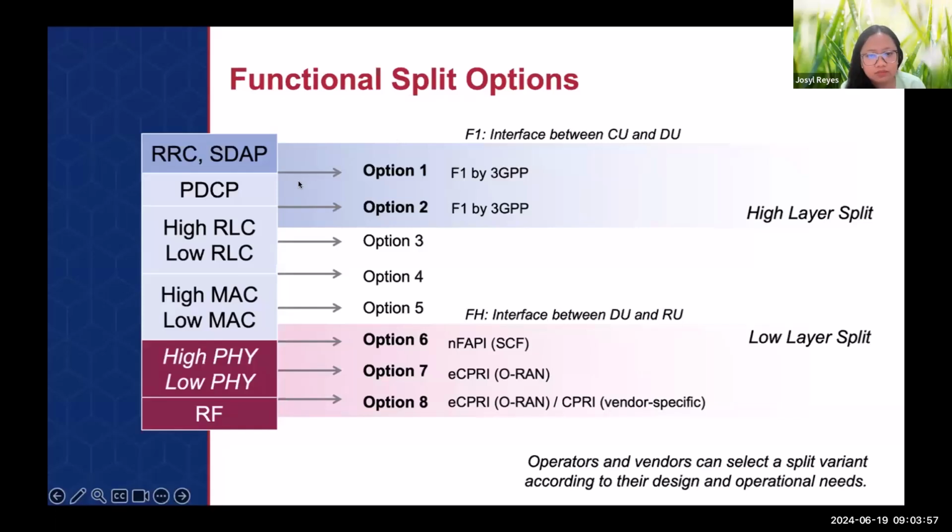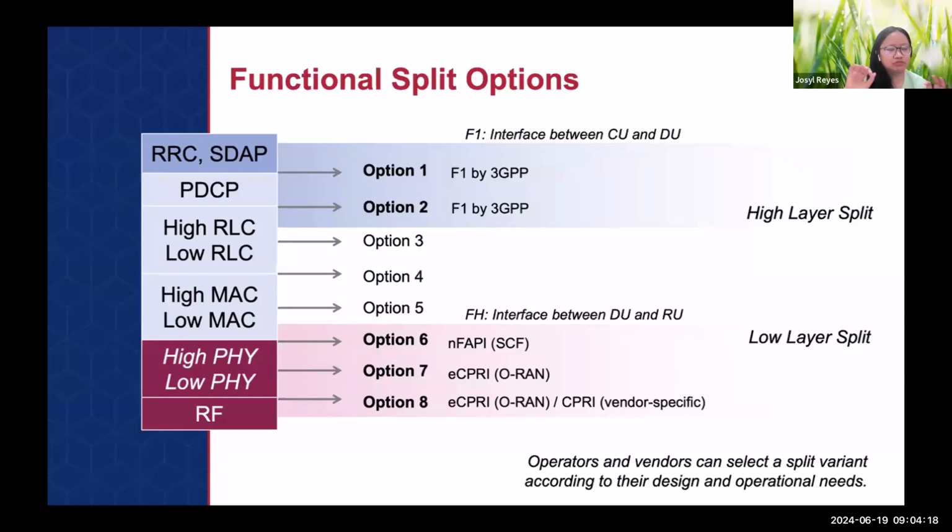You choose among them. So the reason for having these options is again to standardize how the splits can be done. If they are standardized, there will be a common set of guidelines for vendors, and they can design accordingly.